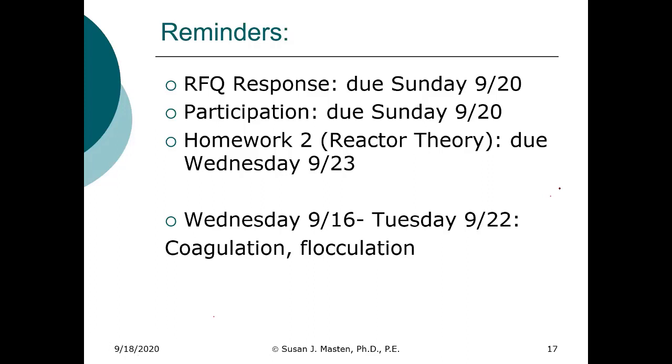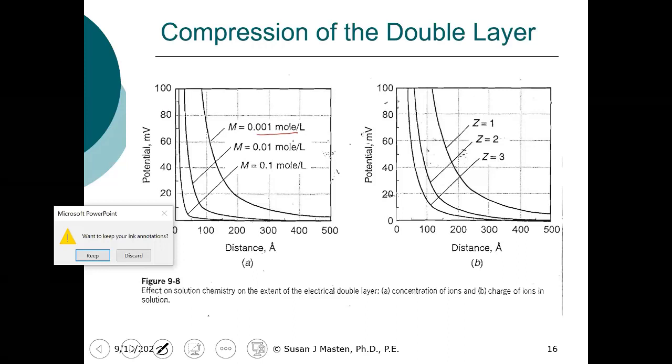sodium chloride third. So let's go back and look at charge. Sodium chloride would have a charge of 1, for calcium hydroxide the calcium has a charge of 2+, and the alum has a charge of 3+. Assuming that the concentration is constant, these are what we call indifferent electrolytes, so they only interact by compression of the double layer.